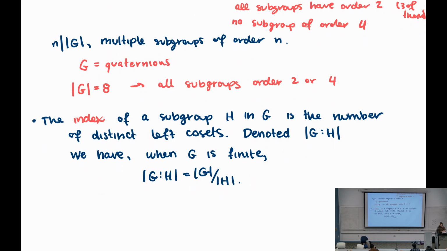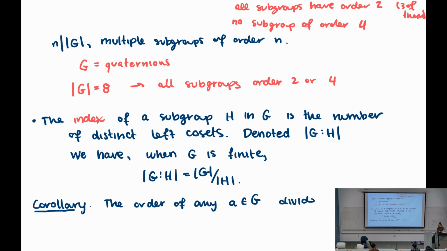As a second corollary, we have that the order of any element A in G divides the order of the group.